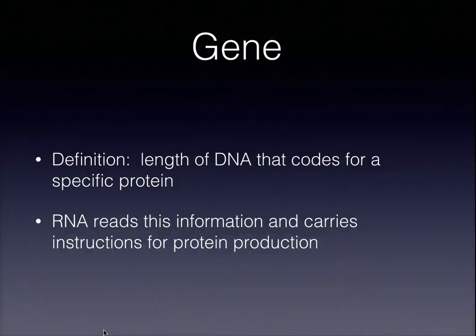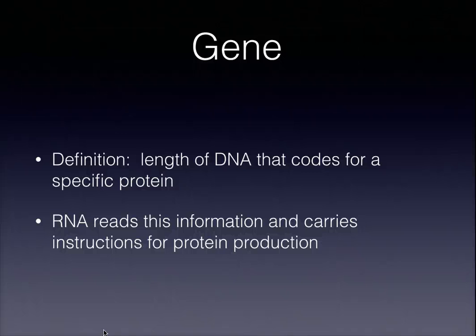We also have a lot of functional proteins. And we talked a lot about enzymes. Enzymes are proteins that catalyze all the physiological processes in the body. Without enzymes, our bodies wouldn't function. So a gene can code for a specific enzyme. It can code for a specific protein channel or protein pump in a cell membrane.